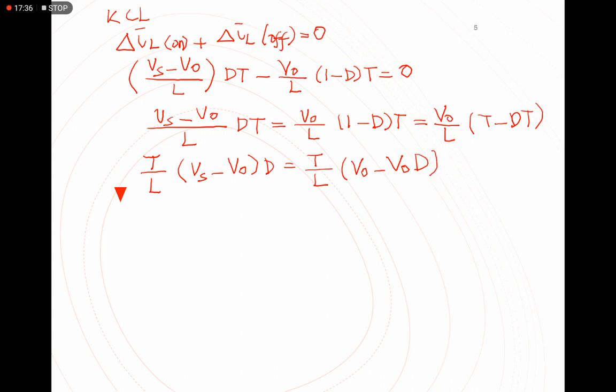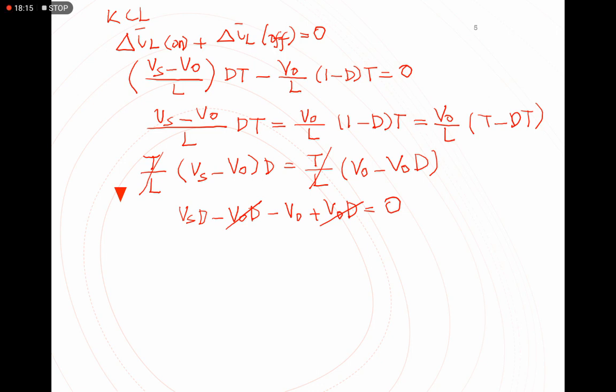So this T here can be cancelled out. Then you will have Vs D minus V0 D, so minus V0 D plus V0 D equals 0. So you cancel out this bit over here.